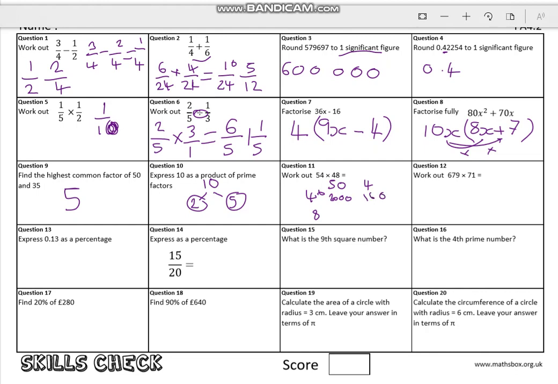Then we'd have 8 times 50, which would be 400. And then we'd have 8 times 4, which would be 32. And then obviously we can just add all of those together, which would be 2592. So that is the answer to that one.